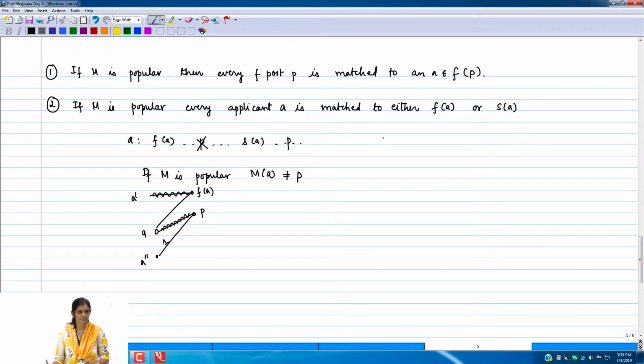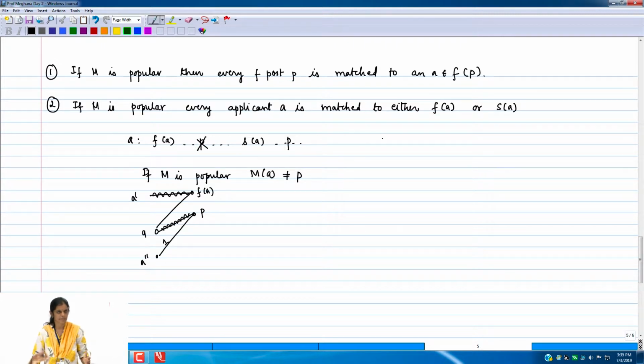First post. So she suggests the following algorithm: look at the F posts, then add edges to that.